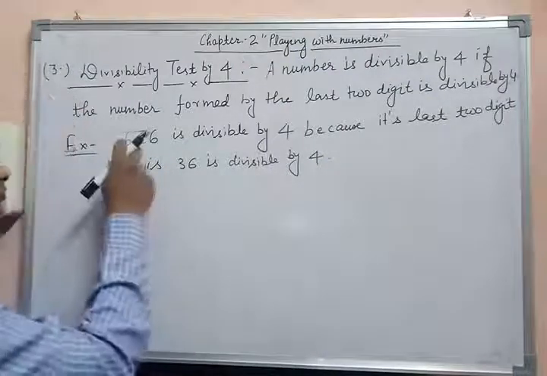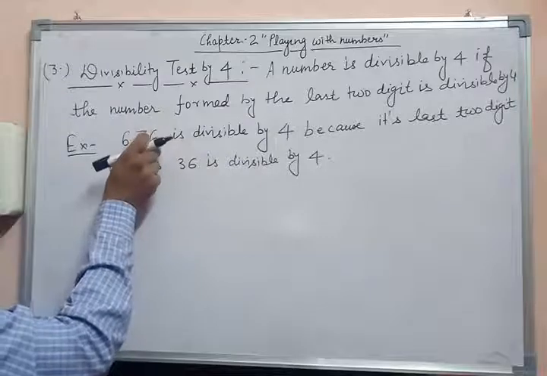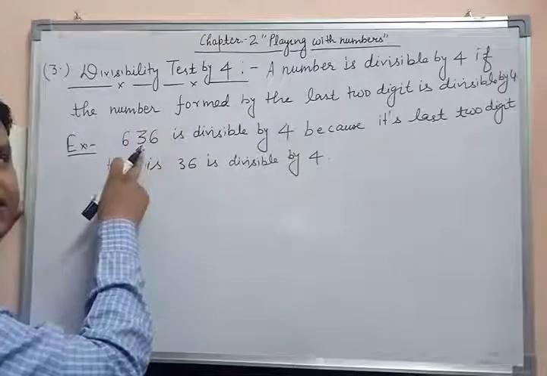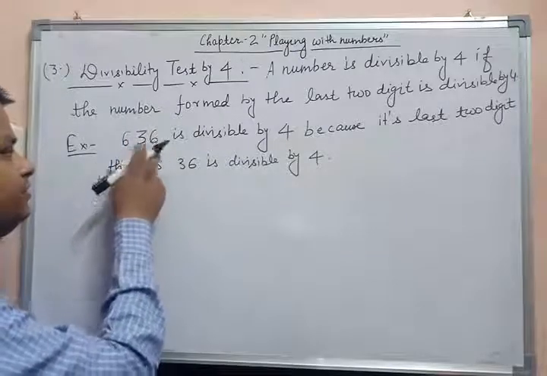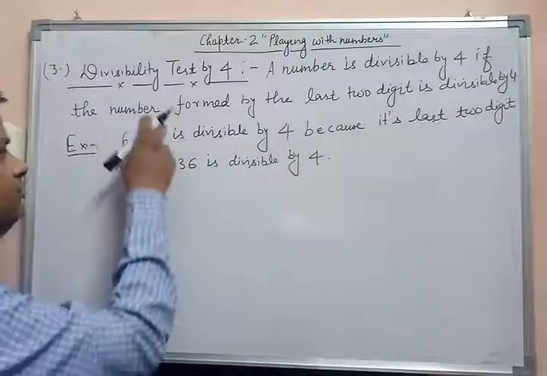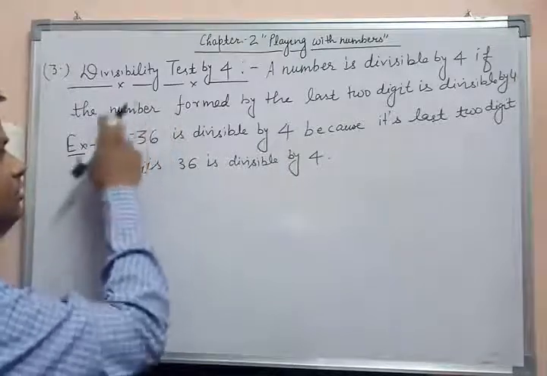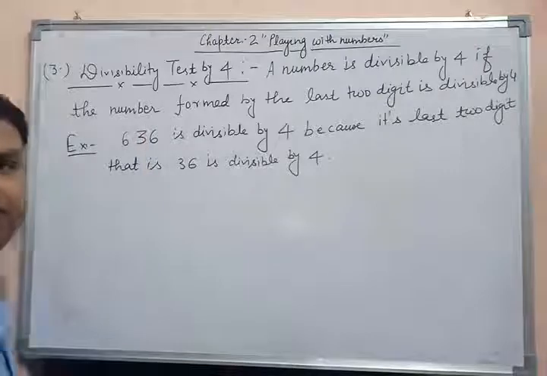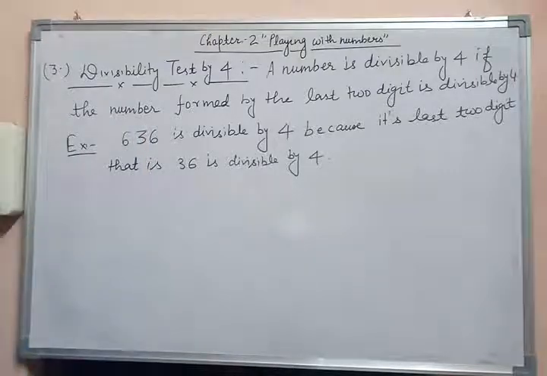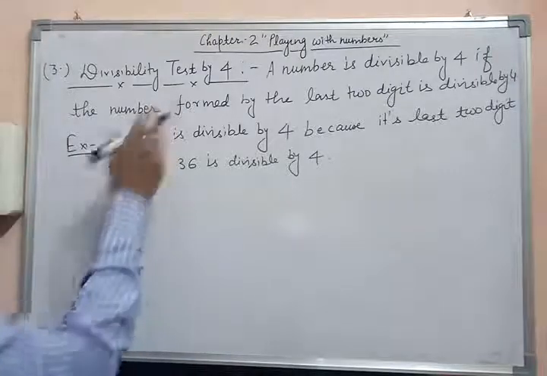So students, if the last two digits, the ones digit and tens digit, are divisible by 4, then the whole number is divisible by 4. This is the rule for the divisibility test by 4.